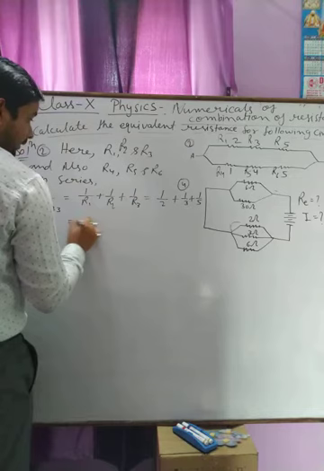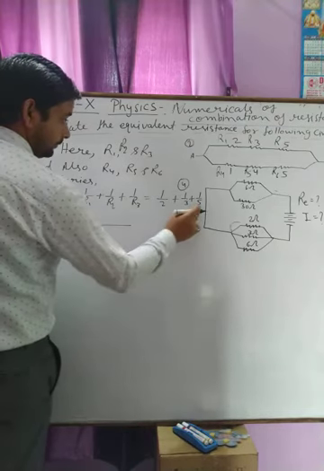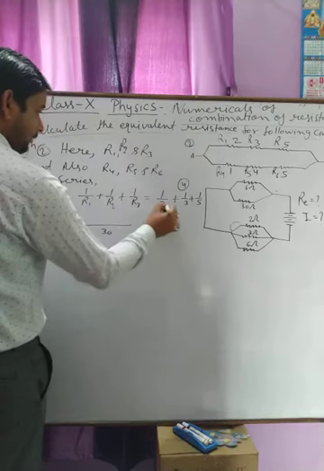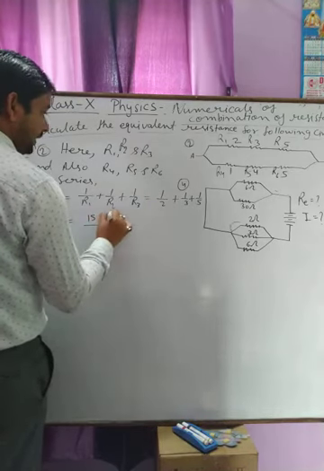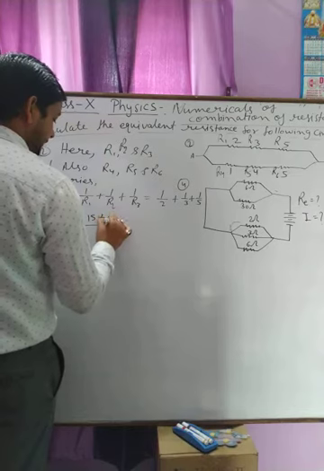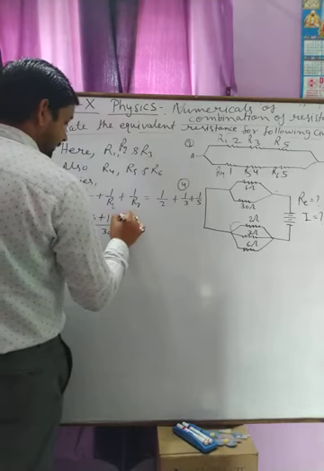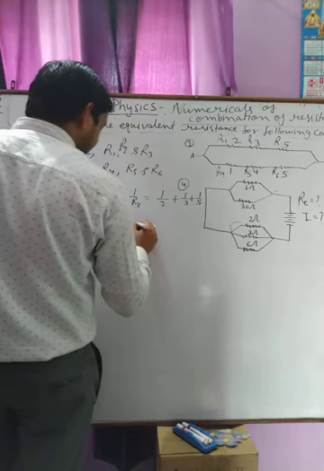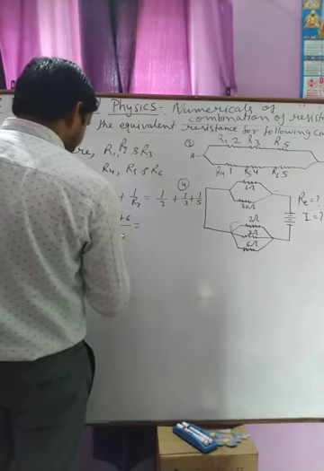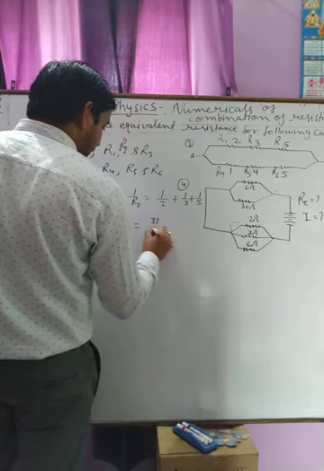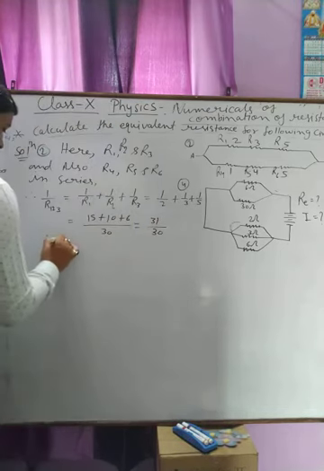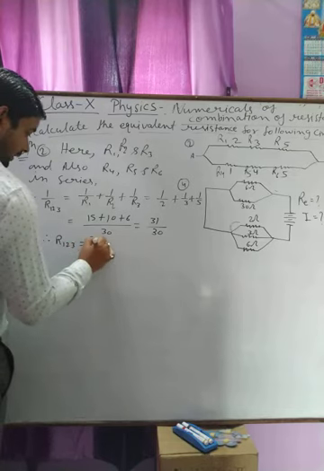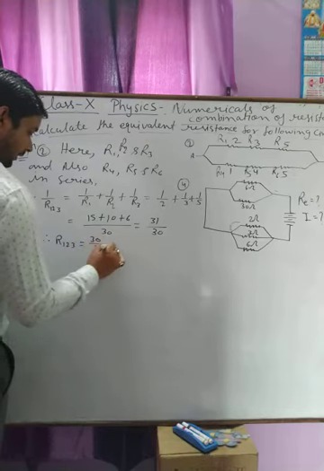On taking LCM as 30, we get 15 plus 10 plus 6, which is 31 upon 30. Therefore, R123 is 30 upon 31 ohm.